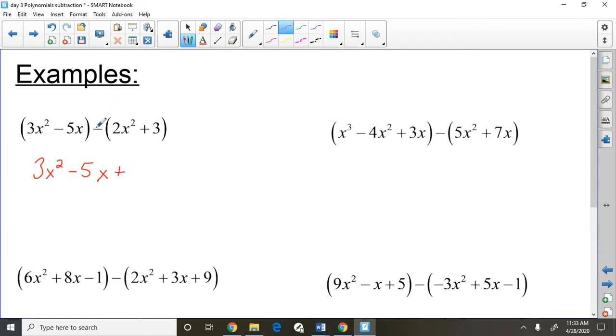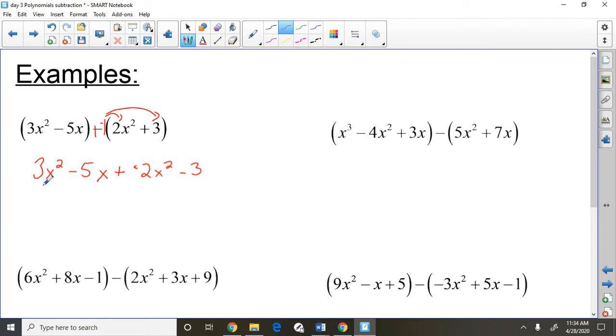So one way you can do this is think of there being a negative 1 here that multiplies each thing. Each of these terms are going to switch signs. So I'm going to have a negative 2x squared, and then I'm going to have negative 1 times 3 is minus 3. Or I could have written this as minus 2x squared minus 3.